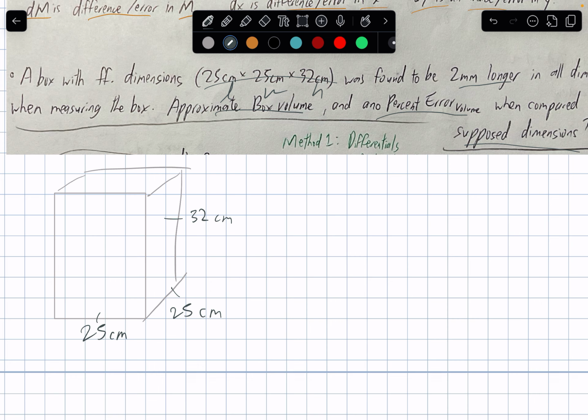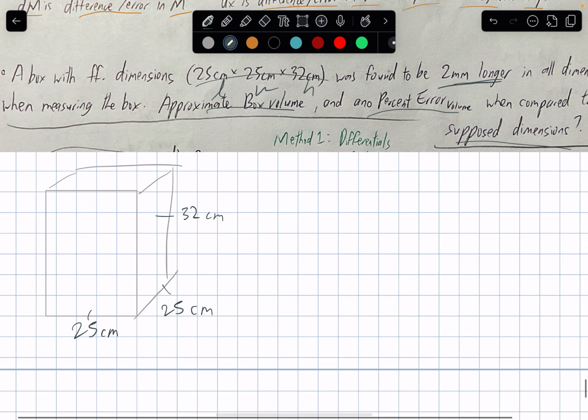So again, we are given 2 millimeters as the longer, in a way it's considered the increment, so it's technically also called the error. So in all dimensions, meaning that means db, or length, since length and width are the same, let's just call them the base measurement.